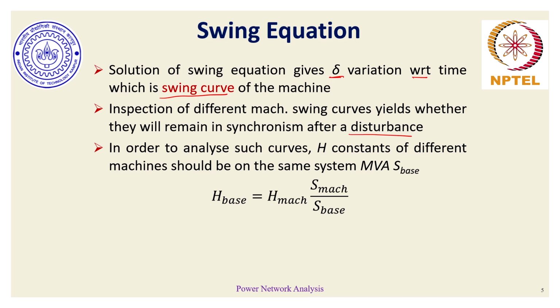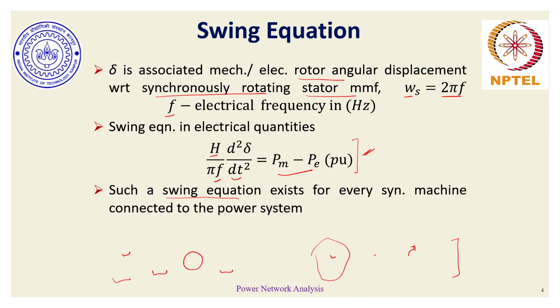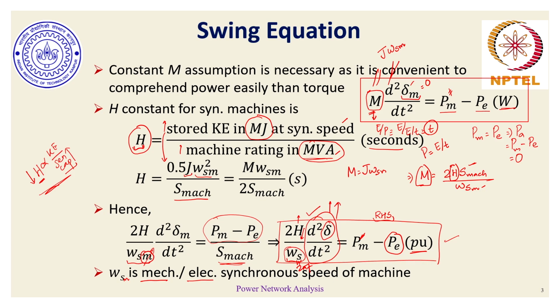To analyze these different swing equations for respective machines, the way we converted all our electrical calculations to a common system base, conversion of these H values to a common system base is also important. And how does this change happen, or how do these base quantities match? The answer lies in the definition of H itself.